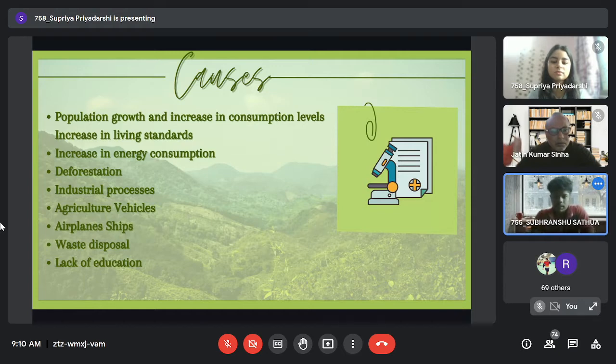Industrial processes. Greenhouse gas emission from industry primarily comes from burning fossil fuels for energy, as well as greenhouse gas emission from certain chemical reactions necessary to produce goods from raw materials. Airplane, ships. The environmental effects of shipping include air pollution, water pollution, and oil pollution. Ships are responsible for more than 18% of some air pollutants. Waste disposal.